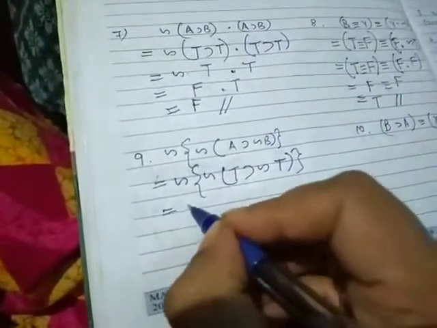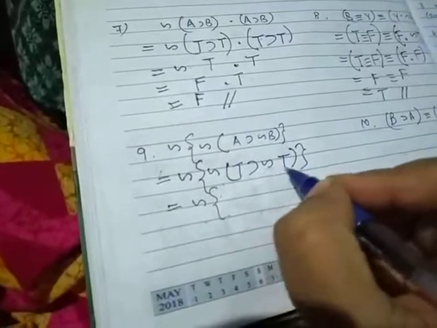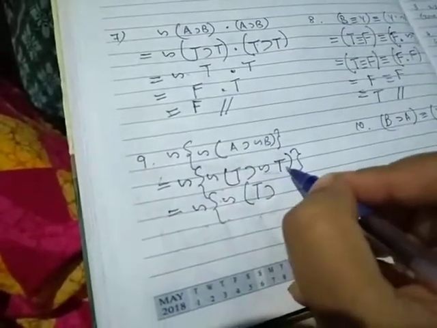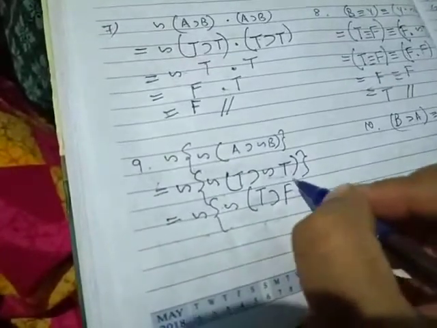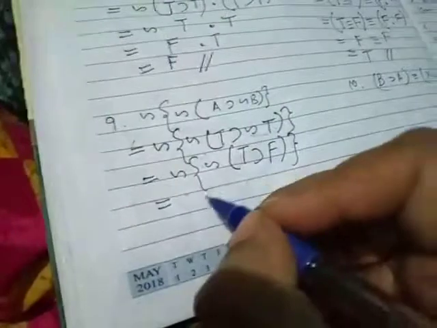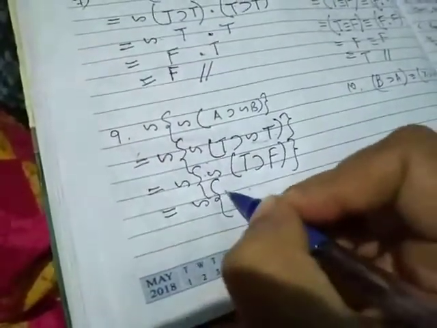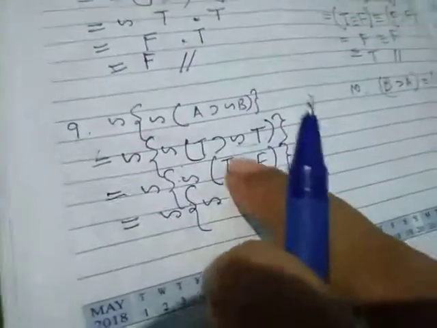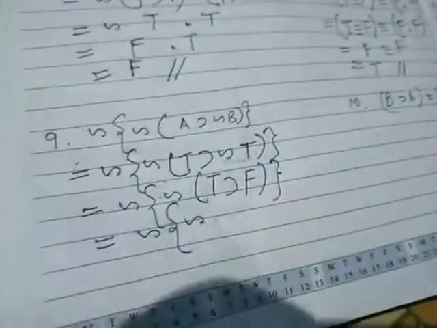So which one we will do first? We will do this one first. Curl t, that is not true, means false. Now which one we will do first? The bracket. So I'll put the symbols as it is. Now horseshoe, and the function is t. Function is horseshoe and the value is tf. So what will be the value?